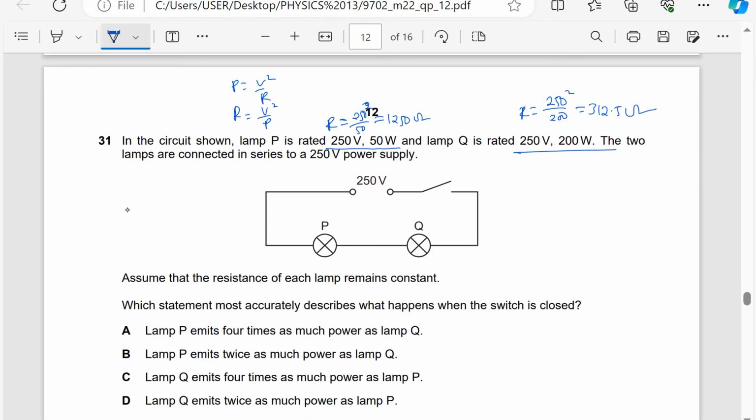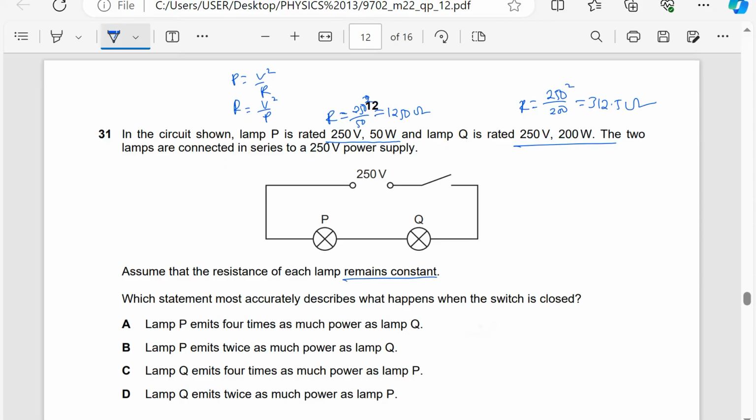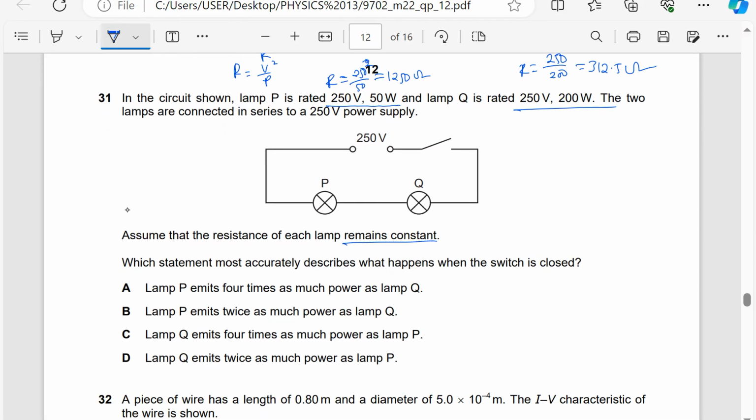So assume the two lamps are connected in series to a 250 volt power supply. Assume that the resistance of each lamp remains constant. Which statement most accurately describes what happens when the switch is closed?